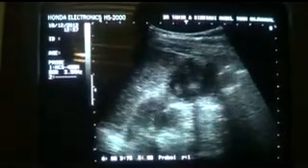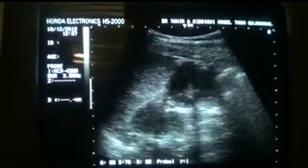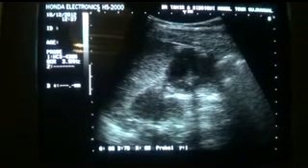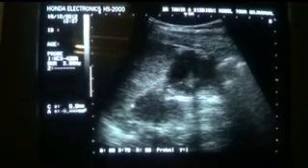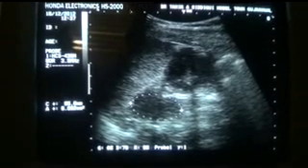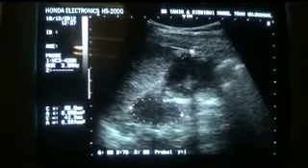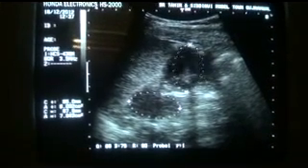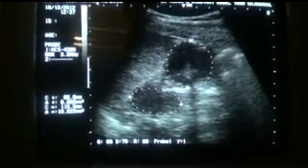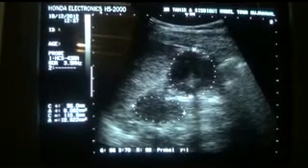Now these two lesions at the upper pole, this one and the other, this one, they do not communicate with each other. They are separate from one another.